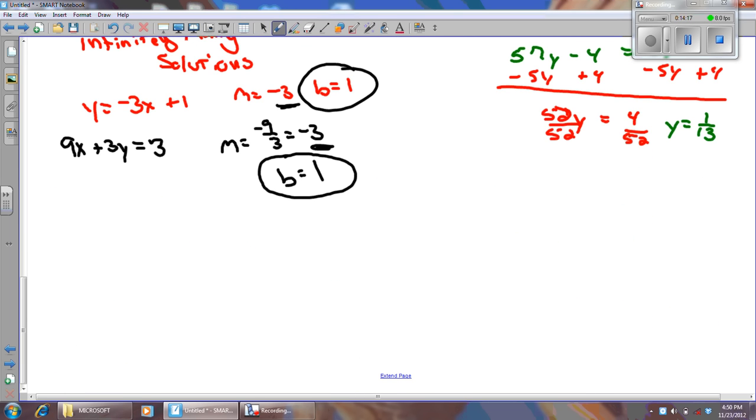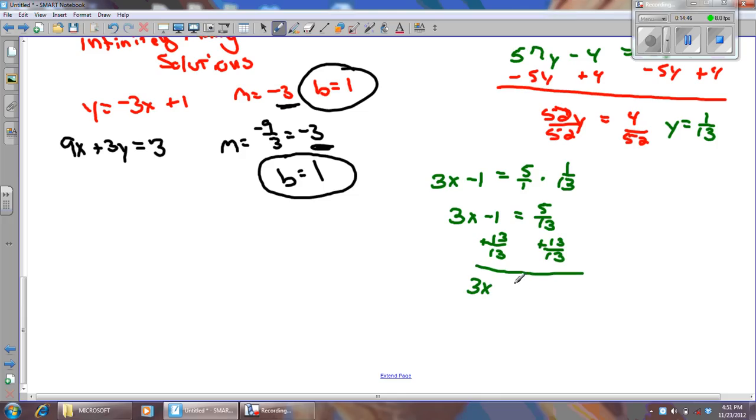So I've got 3x minus 1 equals 5 times 1/13. So 3x minus 1 equals 5/13. I'm going to add 1 to each side, which would be the same as adding 13/13, wouldn't it? Okay, so I'm going to have 3x, and that's going to be equal to 18/13.